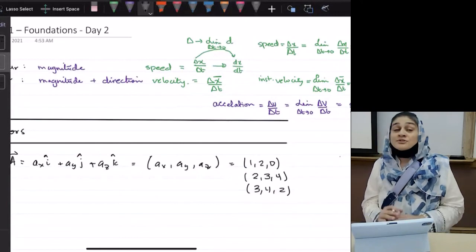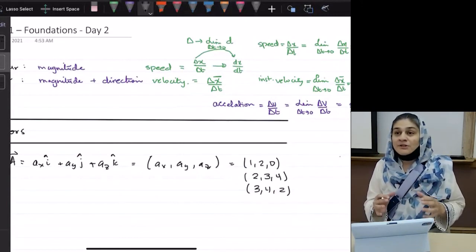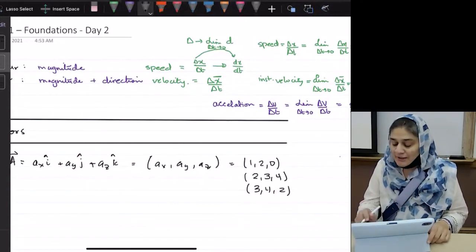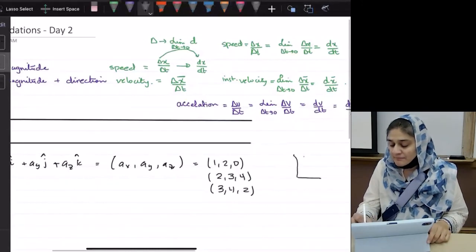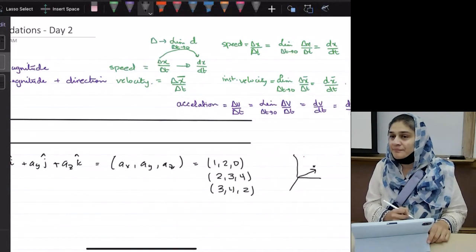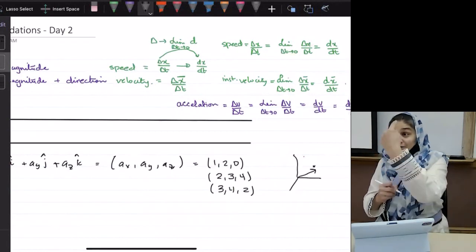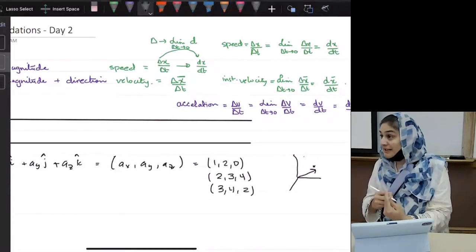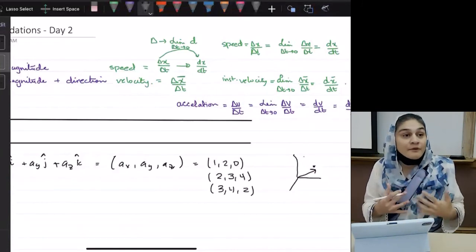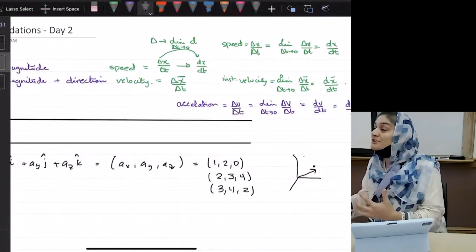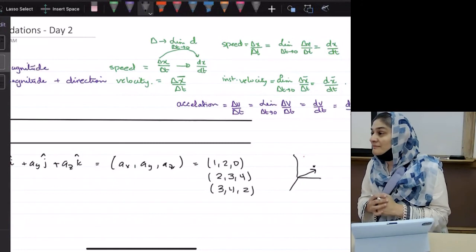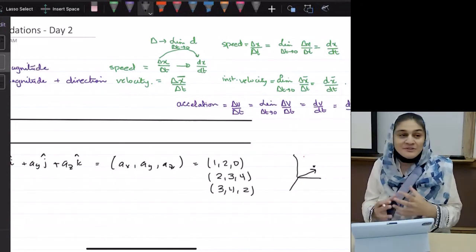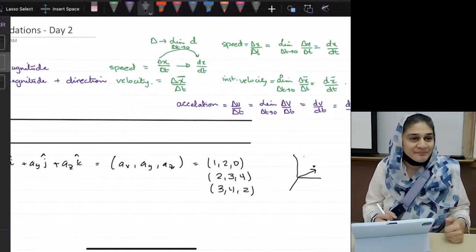Got it? So every single time you see a picture that is drawn like this on paper, and they tell you this is happening, it's actually coming out of the paper towards you. There is no way for us to draw that picture on a 2-dimensional plane. So what we do is we try our best and we come up with this.